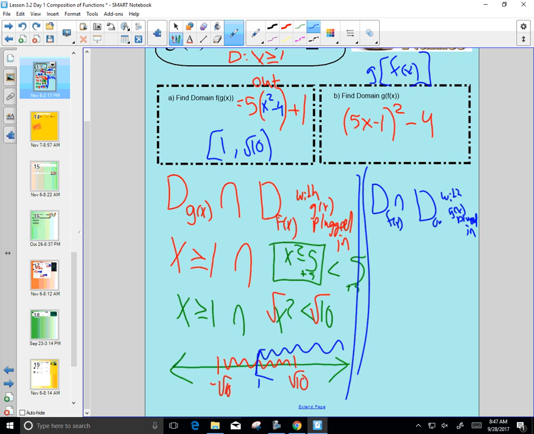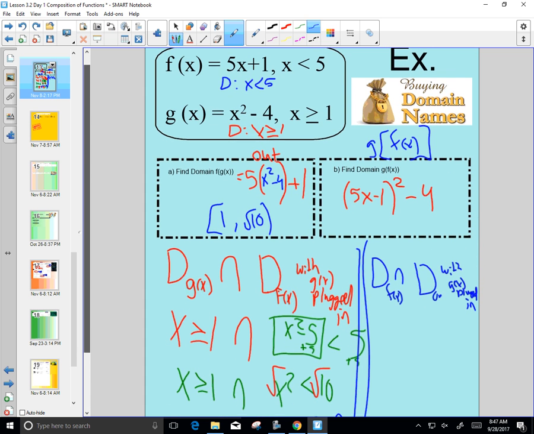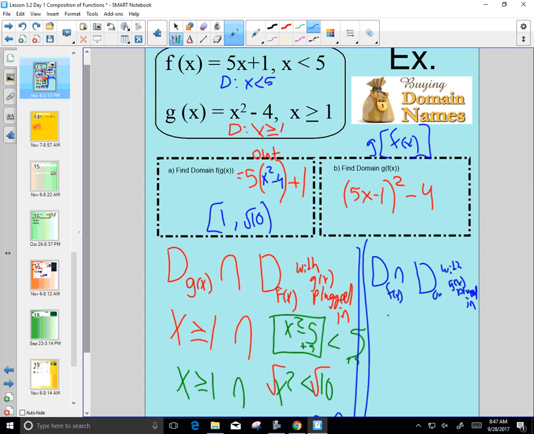Okay, so the domain of f of x was x less than 5. We're going to intersect that with the domain of g of x, which was x greater than or equal to 1.